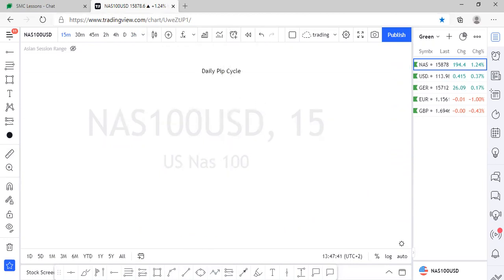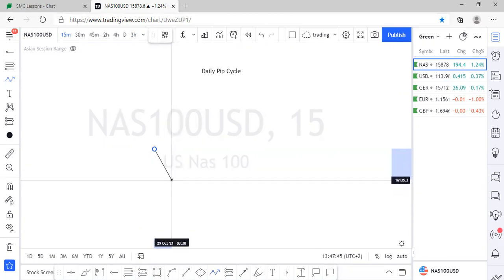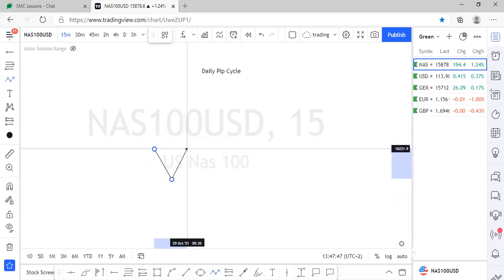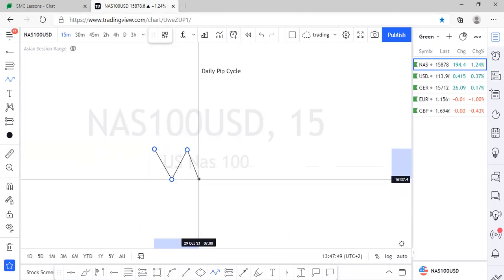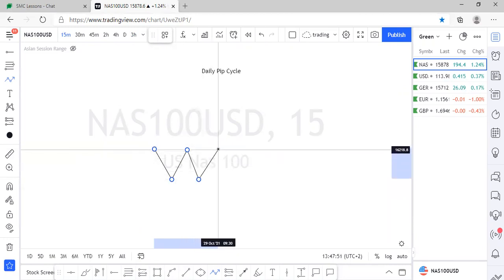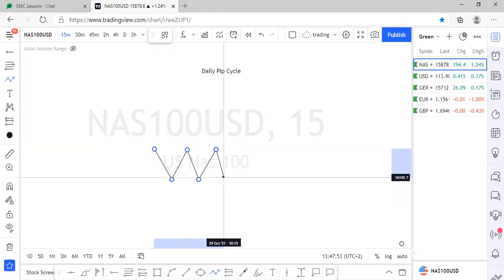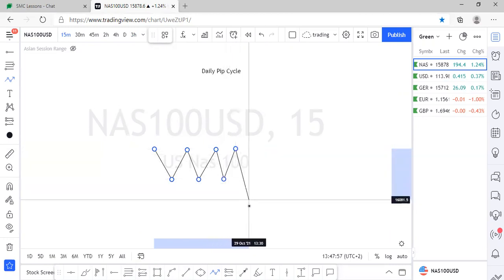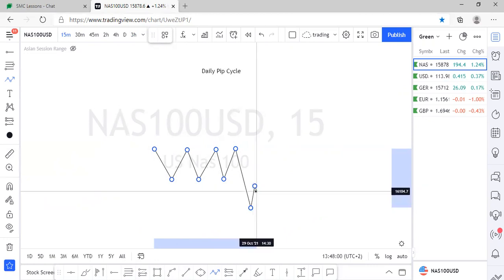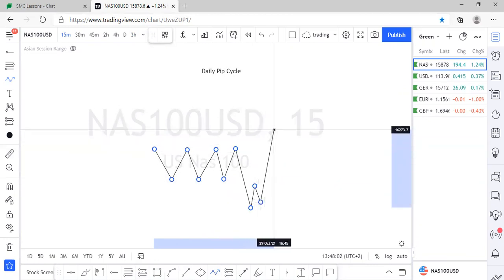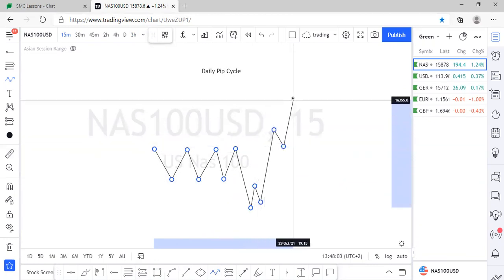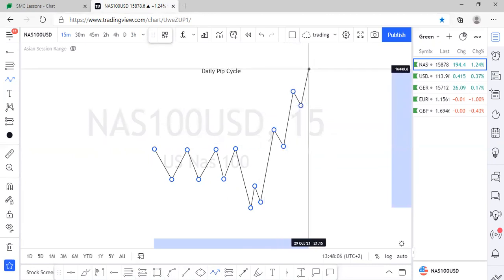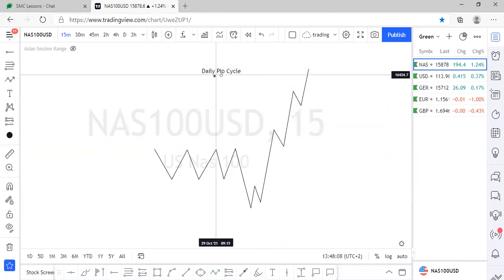So the daily pip cycle is actually a market of accumulation, manipulation, distribution. So from our daily pip cycle, we're going to trade the sessions.